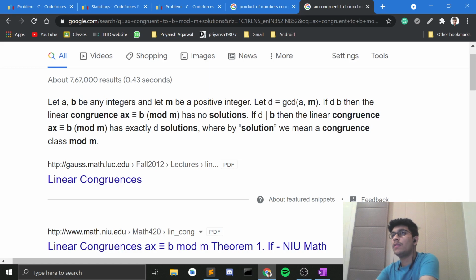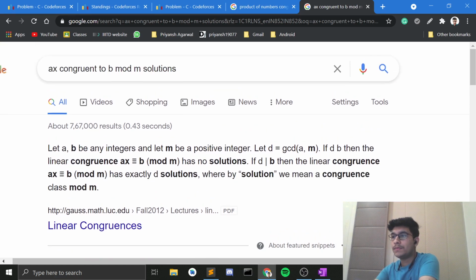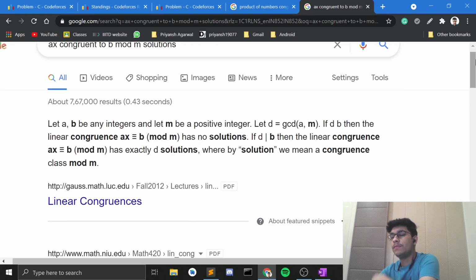Then the GCD is still again 1. Right, the GCD is still 1.